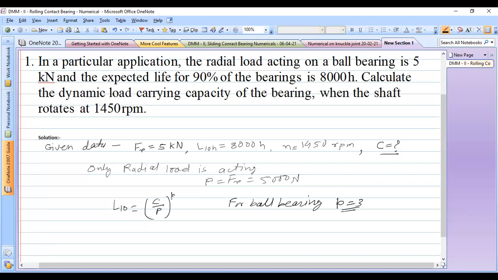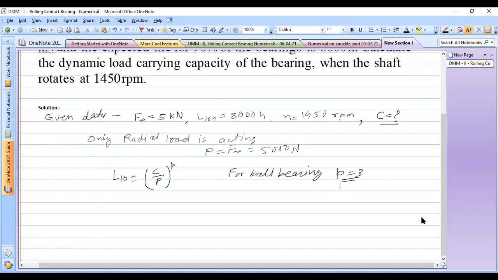And we know the P value, but we don't know the L10 value. Here the L10H value is given. So how can we proceed? We have the relation between life in millions of revolutions and life in hours.